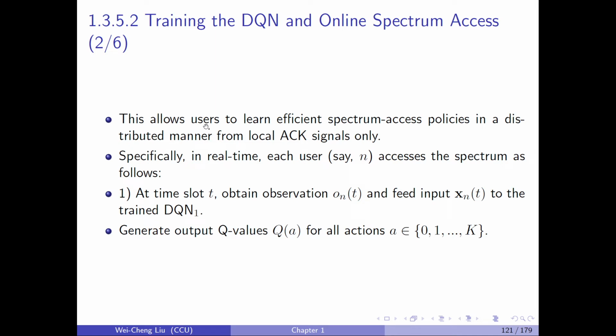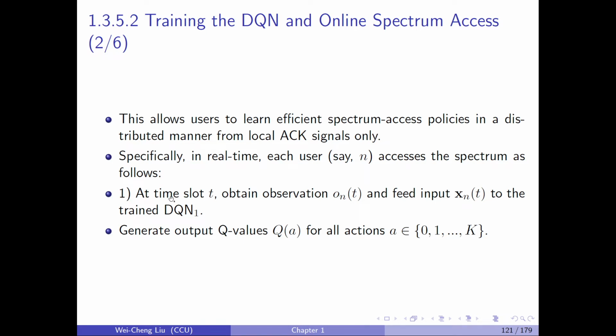This allows users to learn efficient spectrum access policies in a distributed manner from local ACK signals only. Specifically, in real time, each user, say small n, accesses the spectrum as follows.